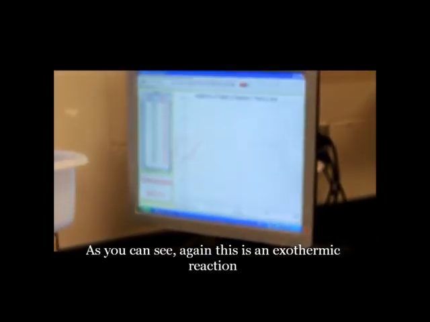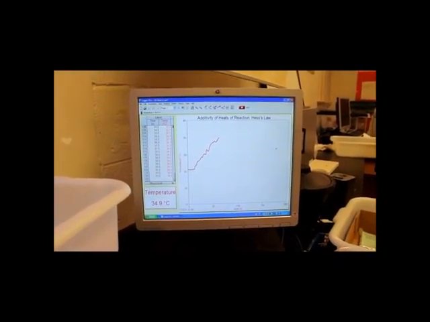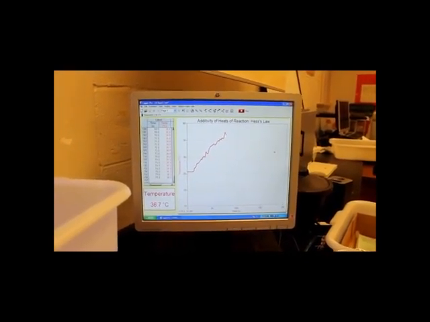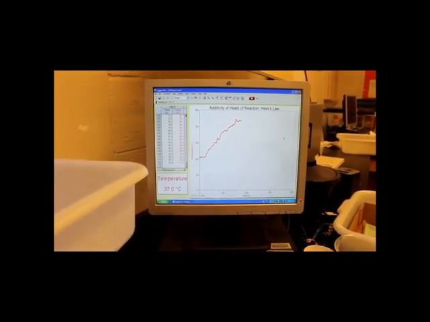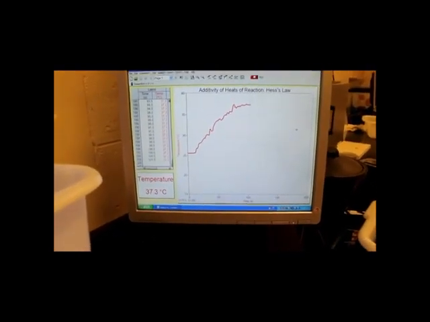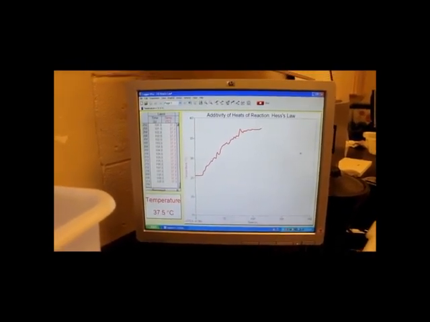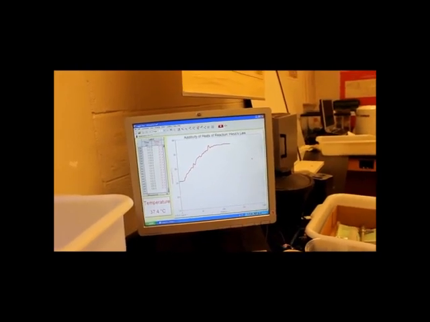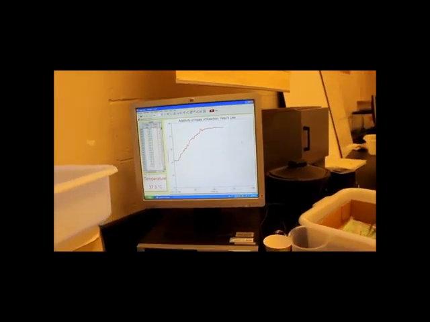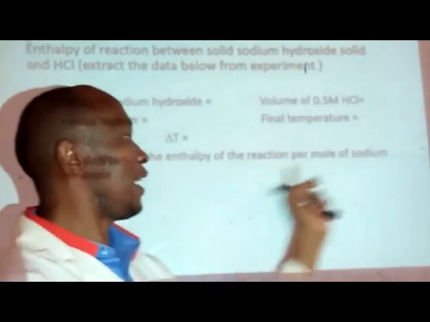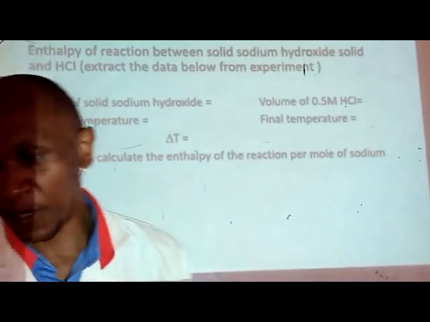So you can see, again, it's an exothermic reaction, and the temperature is rising. And use it to determine the enthalpy per mole of sodium hydroxide.